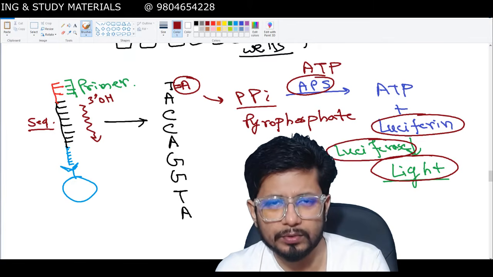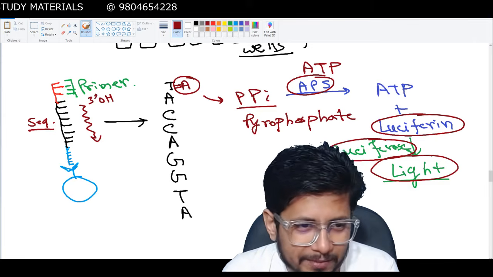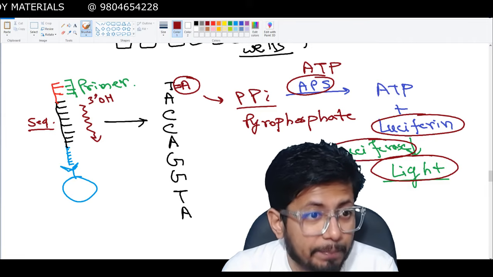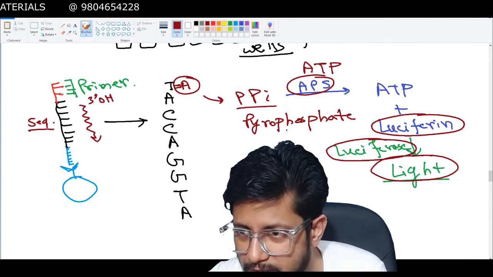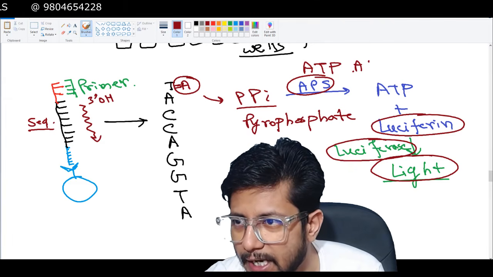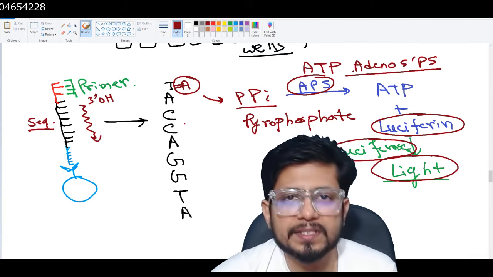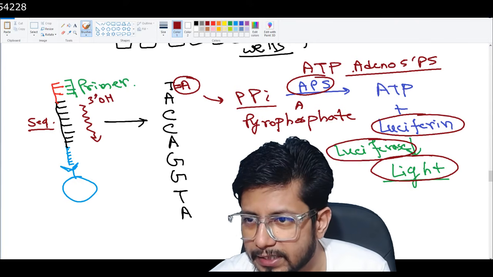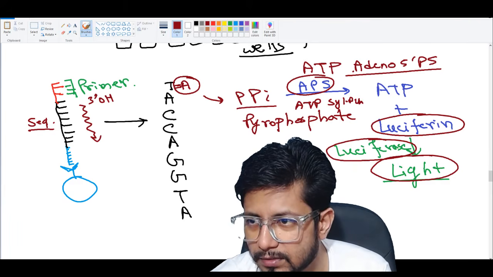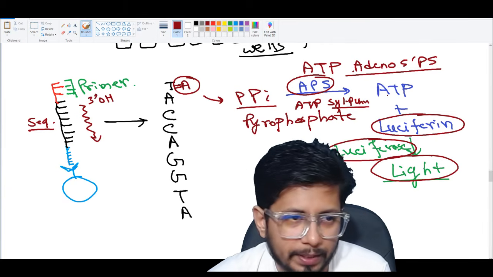It's easy to find out. We don't need expensive machines to find out light, right? Existing machines can do that. Now in this case, APS is adenosine 5' phosphosulfate, and they use the enzyme ATP sulfurylase that converts the PPi into ATP.